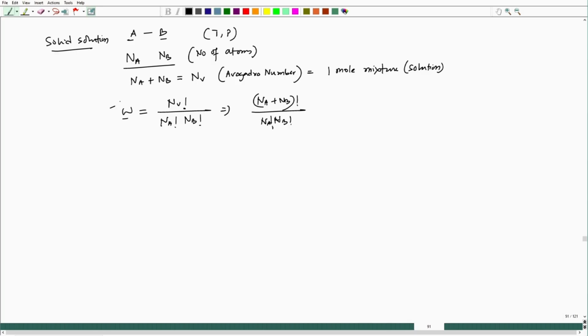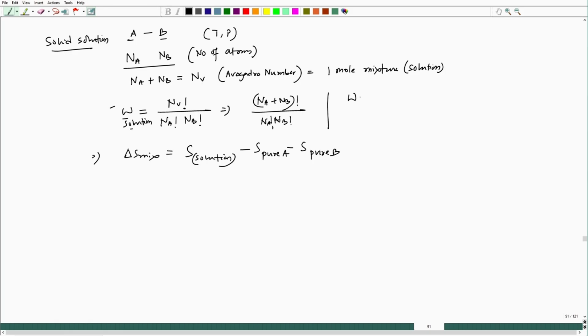Use this particular formula here, del S mix. This del S mix is basically nothing but entropy of solution minus entropy of pure A minus entropy of pure B. Now, this is for the solution.